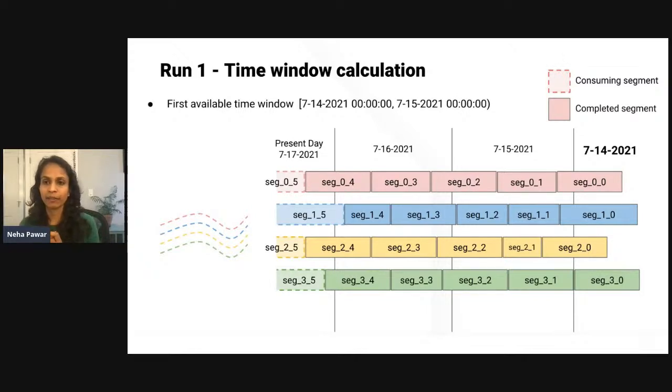To do that, every time we are going to try and find the oldest day, the earliest day that has not yet been moved from the real-time table to the offline table. So in this case, for cold start, that earliest window is going to be the 14th of July. So our first available time window is going to be start of 14th to the end of 14th.